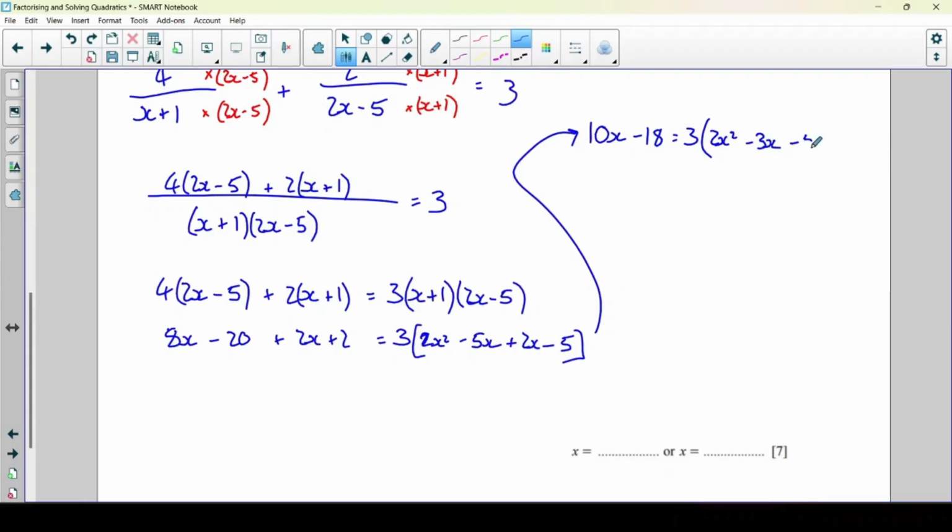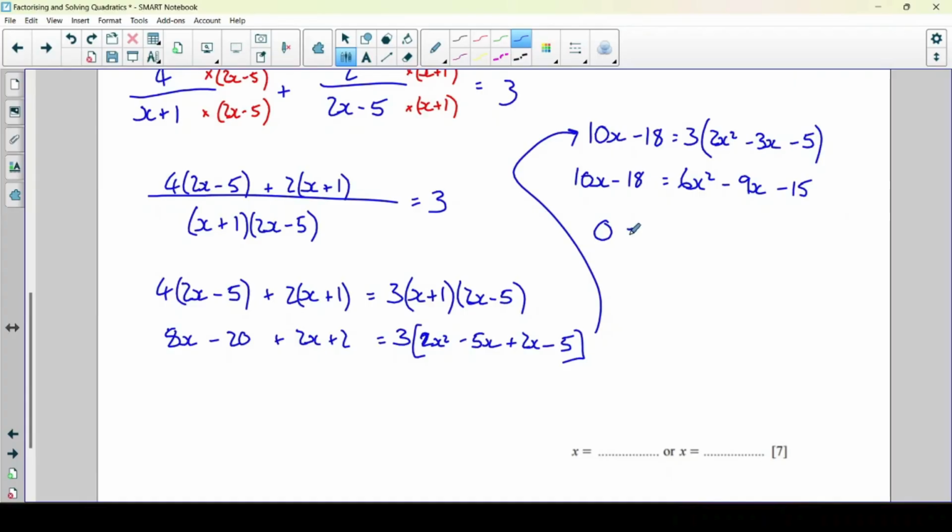And then minus 5. Now let's multiply. 6x squared minus 9x minus 15. Now we've got a quadratic, so let's get it all onto the right hand side.